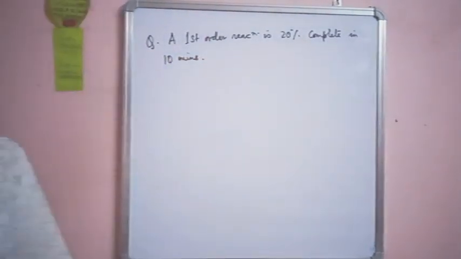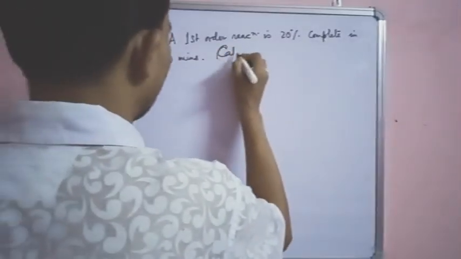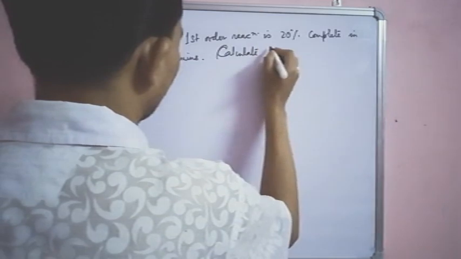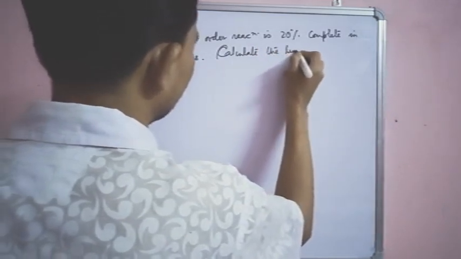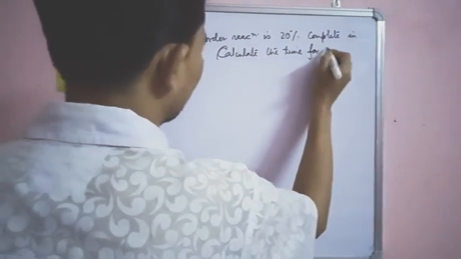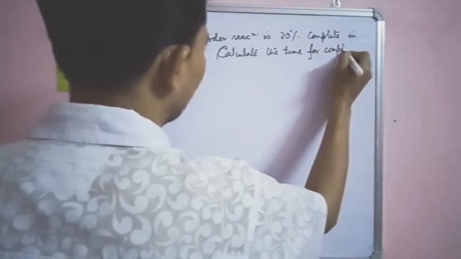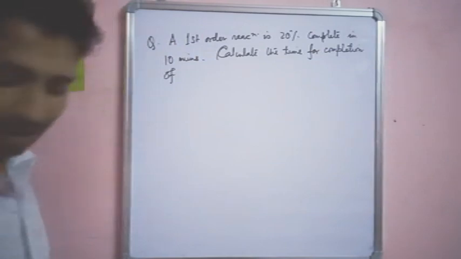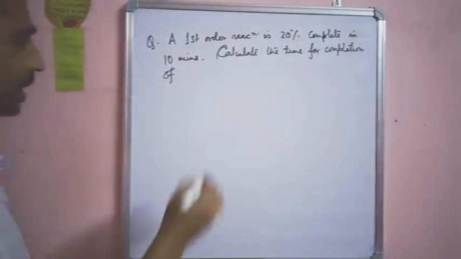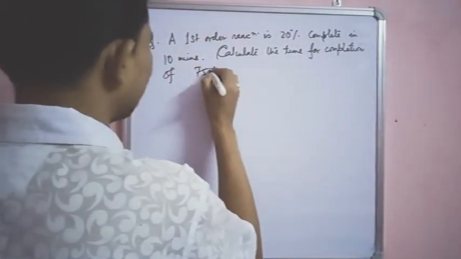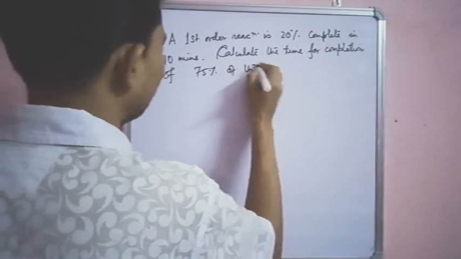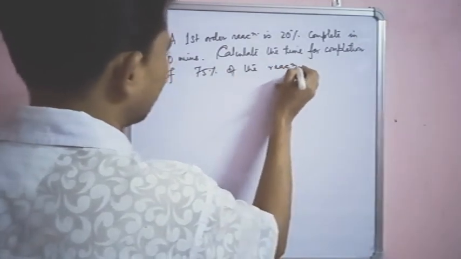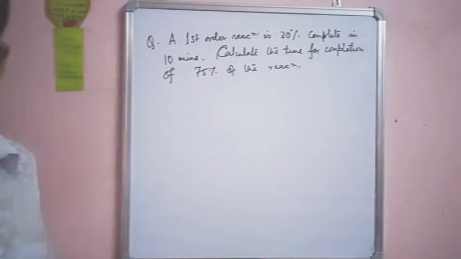So calculate the time for completion of 75% of the reaction. ये है हमारा क्वेश्चन. ठीक है, इसका सोल्यूशन देखेंगे कैसे होता है सोल्यूशन.